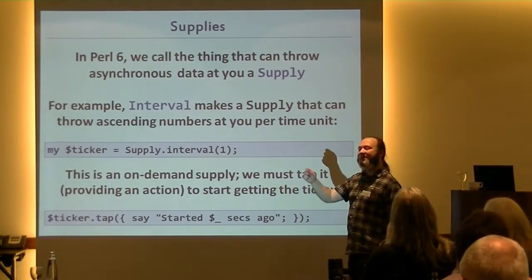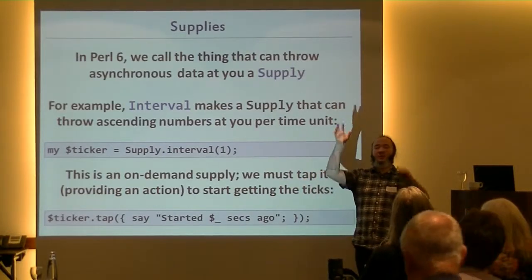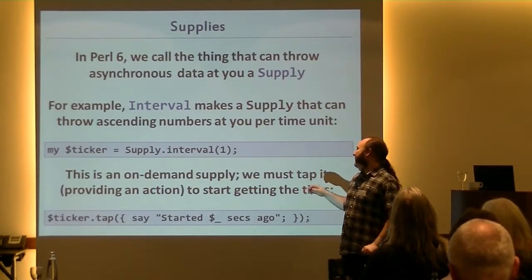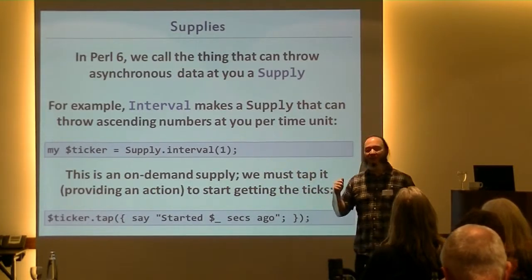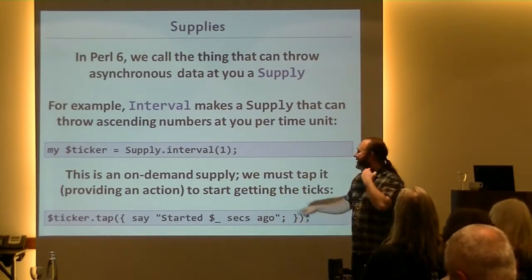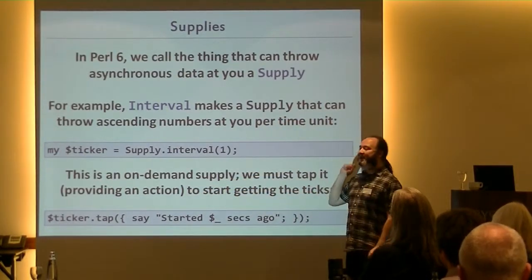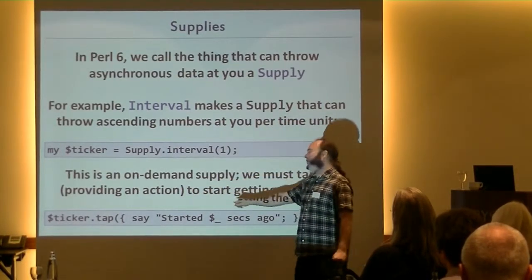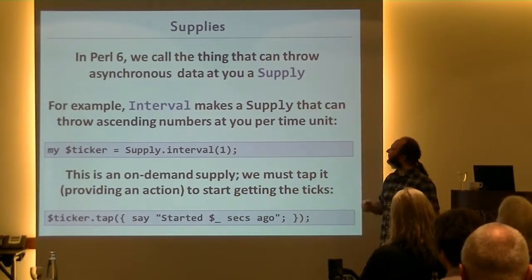Actually, what it sends me is an incrementing integer: a 0, then a 1, then a 2, and so forth. Now, if I want to start getting the values, what do I do with the supply? Well, I tap it. So I tap the supply, and I give it a block, and every second, this block is going to be run. That wasn't so hard.